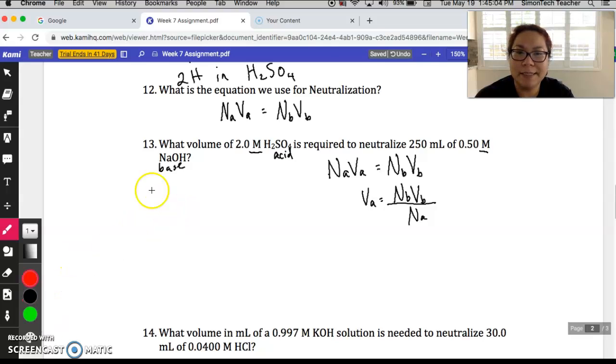So let me do this in a different color. So we know that the acid is H2SO4. So let's write this out. The normality of the acid will be H2SO4, and we have 2 hydrogen ions. So remember, there are 2 hydrogens here. That's how I got the number 2 there.